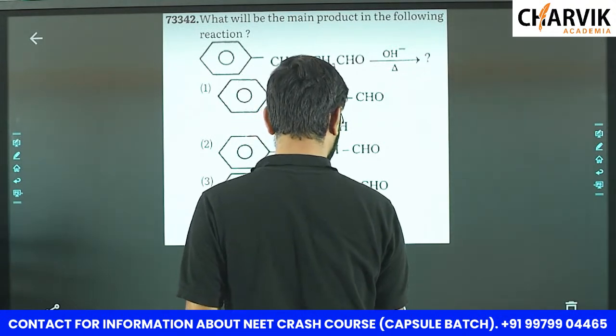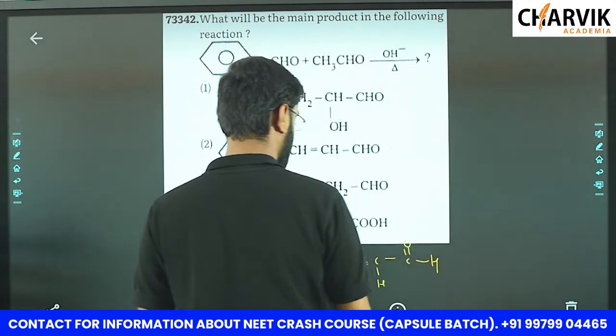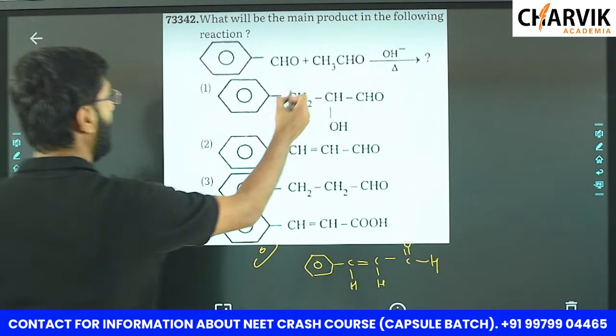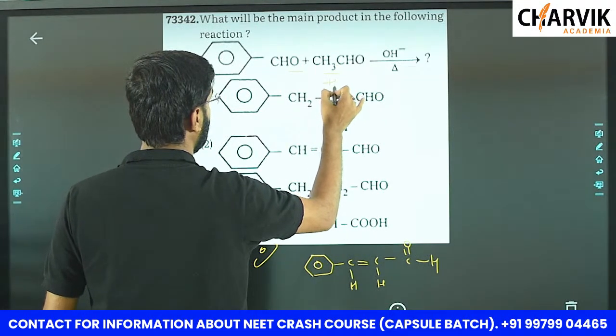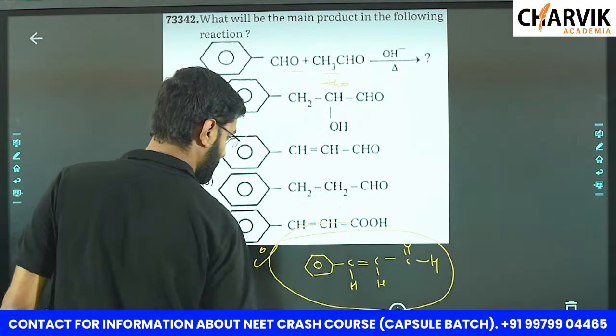So you will get double bond here, CH and C double bond O. This is your answer. 2 hydrogen is removed from here and 1 oxygen is removed from here. So by removing H2O, you will get this product, right?